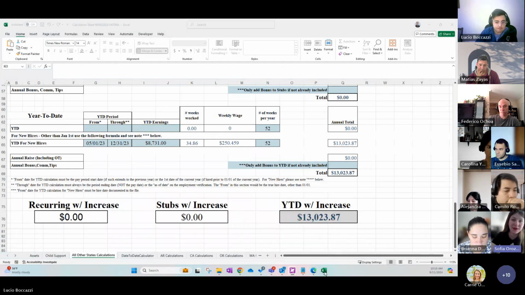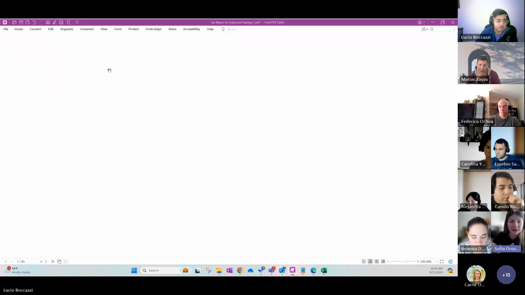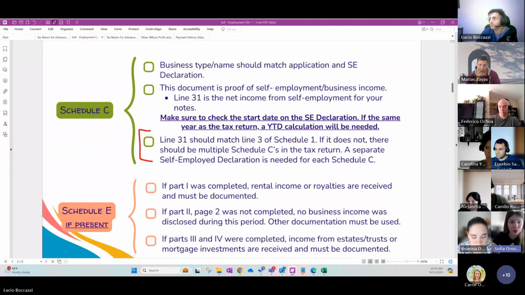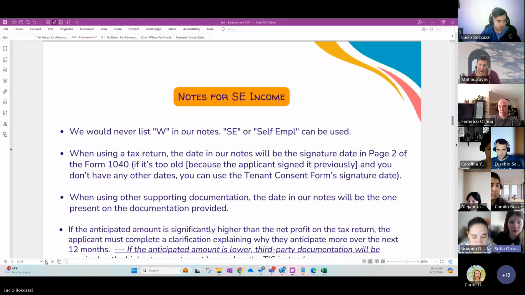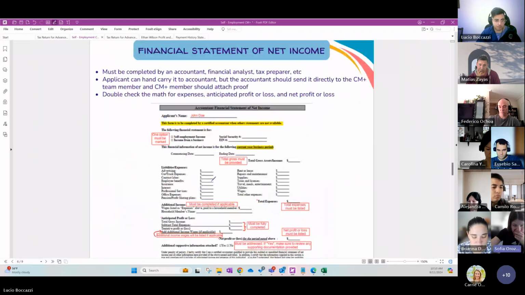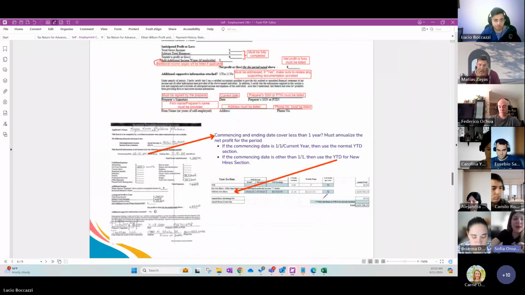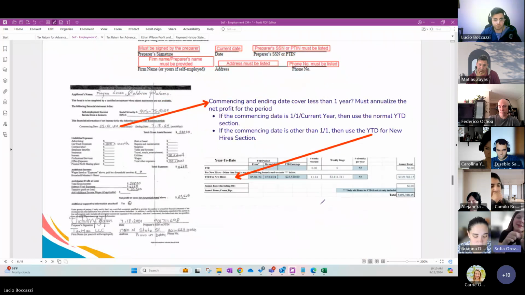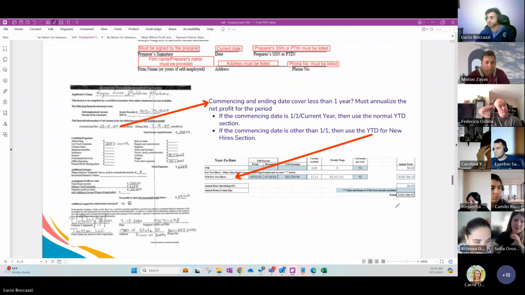I think we could add it somewhere else, but just to show them, it would be page 6. Yeah, down below. There we go. That section could also be used for self-employment when you have the tax return. But we could add it somewhere else too. But that's the same as what you were explaining.